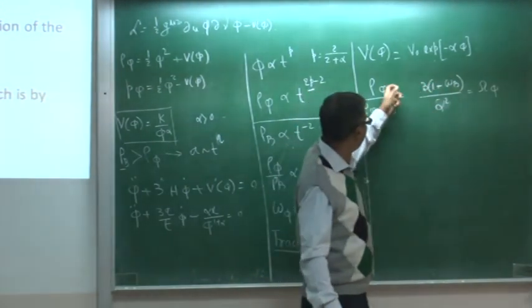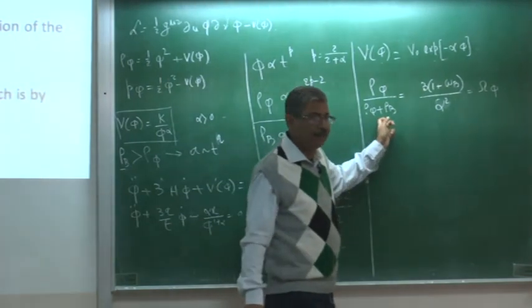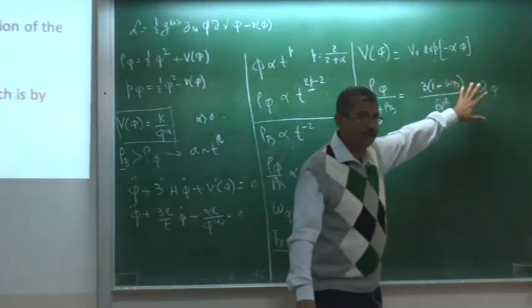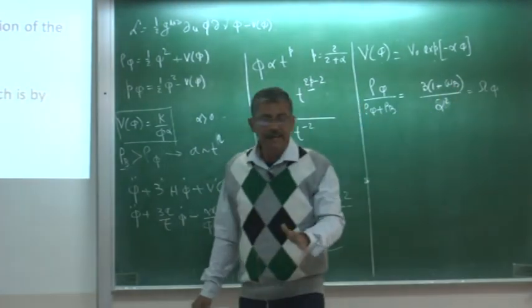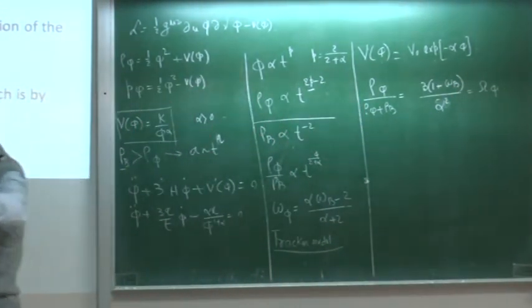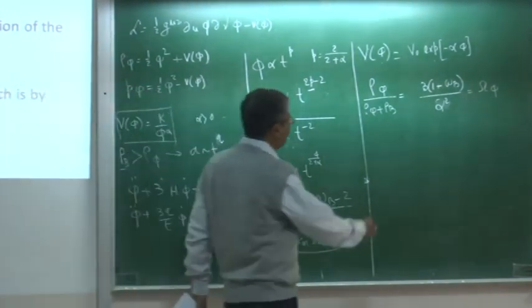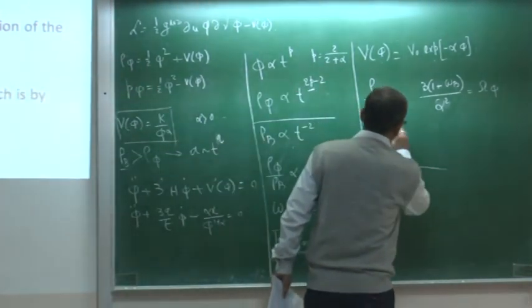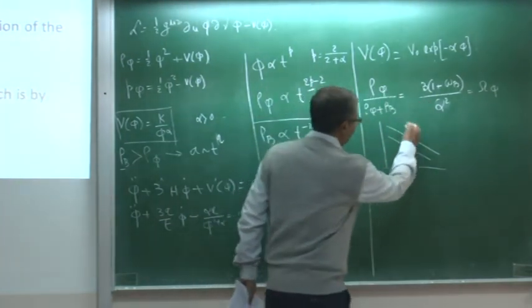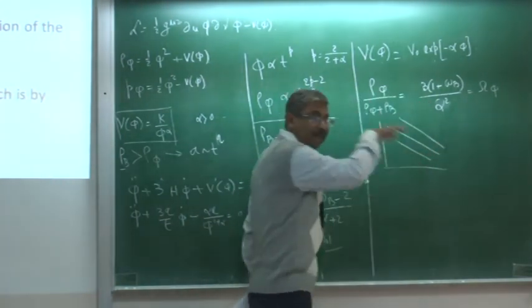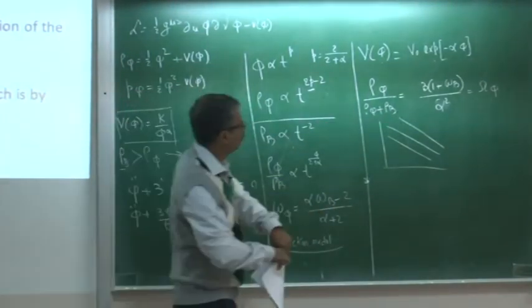So if your rho phi is subdominant here, it will always remain subdominant. If it is dominant, it will always remain dominant. So there is no way that something was subdominant previously and then started dominating. That's what happens over here. So the ratio of rho phi and rho b always scales the same way, whether it's subdominant or dominant. Okay? Because this ratio is always a constant.